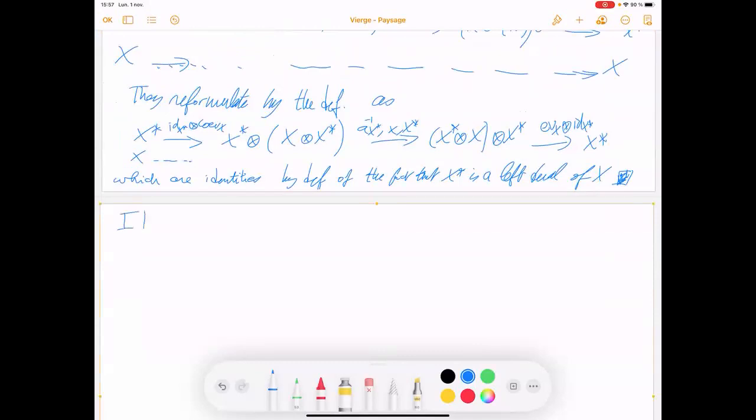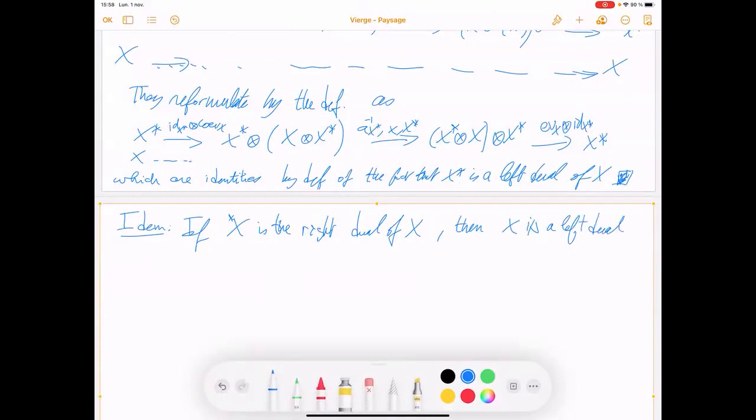Idem: if star X is the right dual of X, then X is a left dual of star X. In other words, you can take the star of star X to be like that. So the proof is the same.